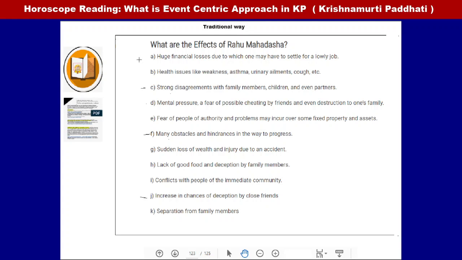But these kinds of stuff, and then you can add something from the Lal Kitab or from some other books and all that. This is how the whole traditional way works, especially these days when they have computers at their disposal, and the computer printout can churn out 100, 200 pages of these kinds of predictions, which have no substance, but they can offer you some kind of a PDF of 100, 125 pages.